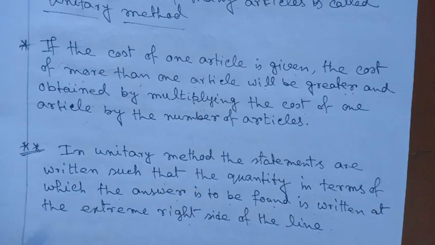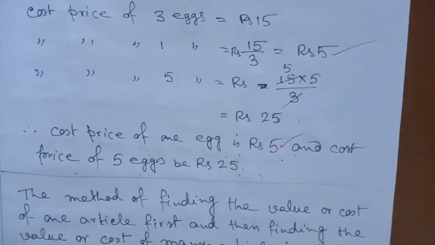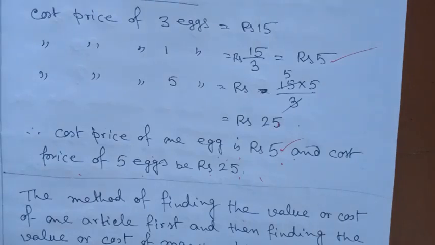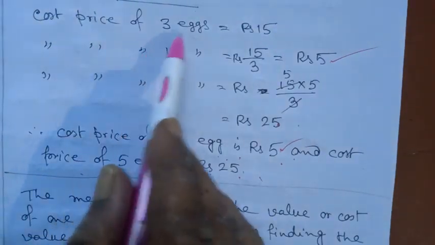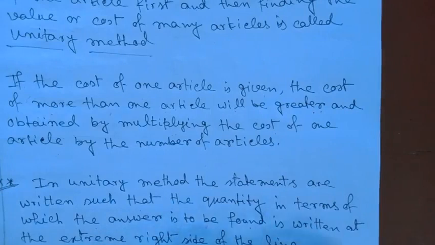So, what am I telling? In the previous question, again I go to the previous question. The cost of 3 eggs is given. We have to find out the cost price of 5 eggs. So here we write the cost price of 3 eggs is rupees 15, and we have to find out the answer, the cost price of 5 eggs.